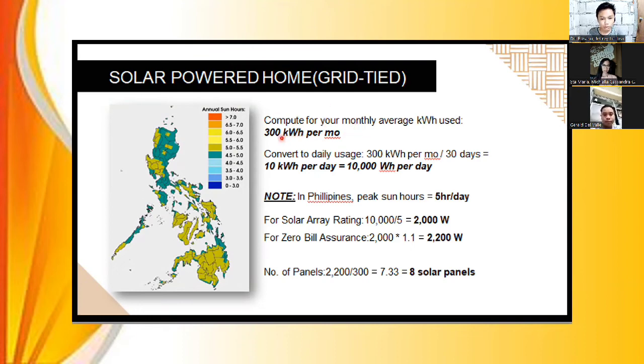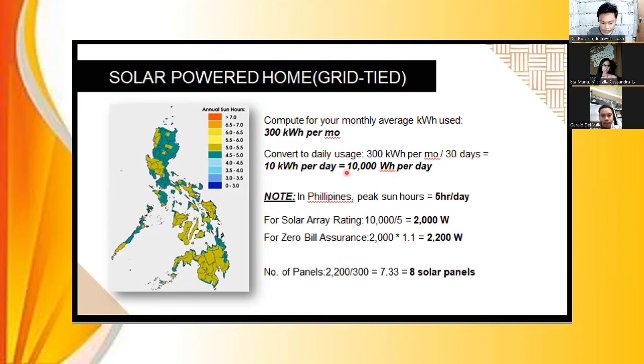Halimbawa, 300 kilowatt hour per month, and then i-divide mo sa 30 days. Siyempre, magiging 10 kilowatt hour per day. And then i-convert mo lang yung 10 kilowatt hour per day to watt hour para mas compatible siya dun sa mga solar panel natin. So equal sa 10,000 watt hour per day.